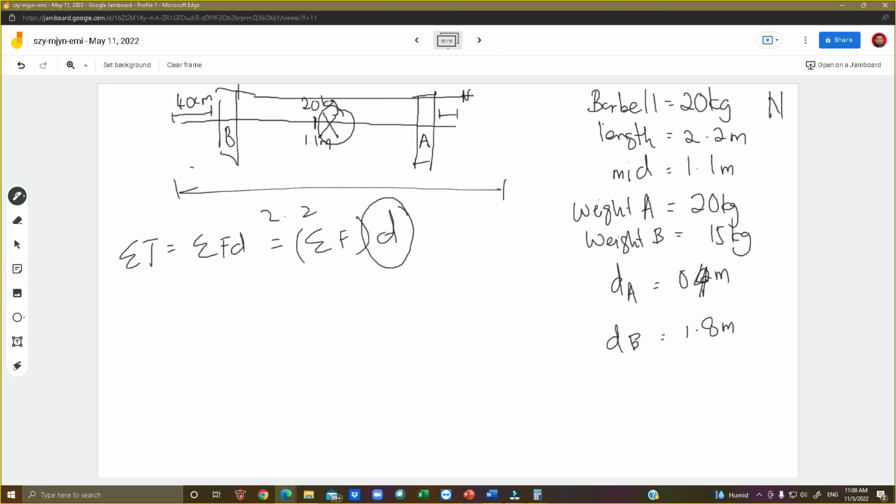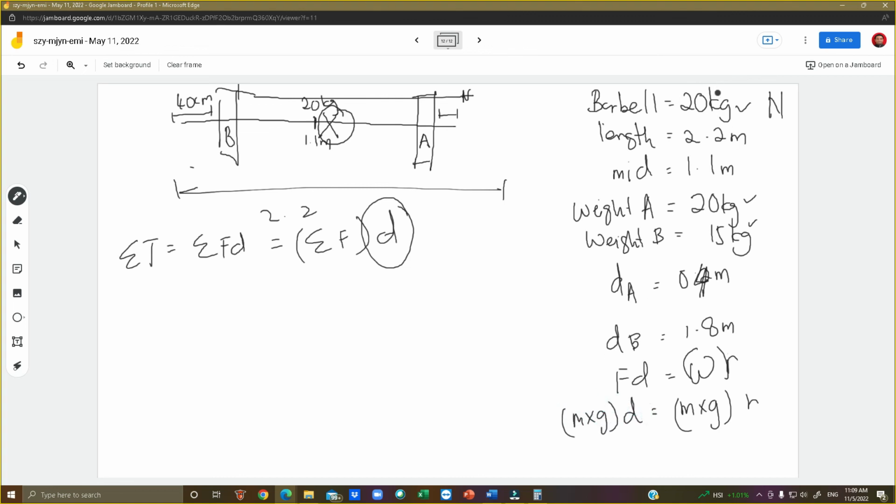But you can change all of this to Newton. FD is also equal to WD or WR. W is mass times gravity, so it can be like this, mass times gravity D.